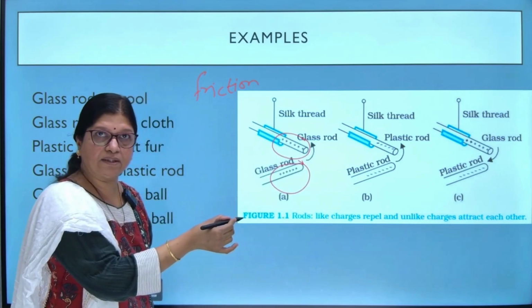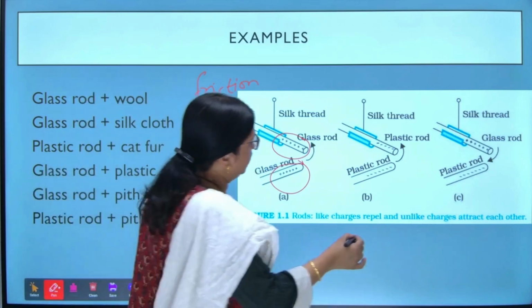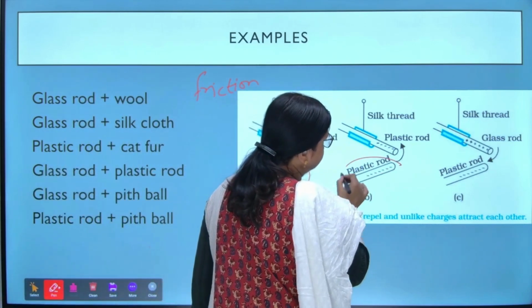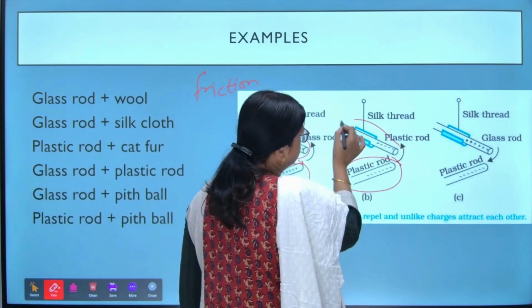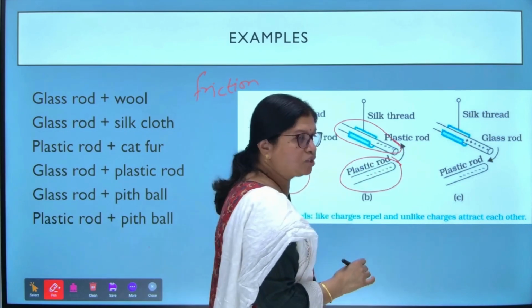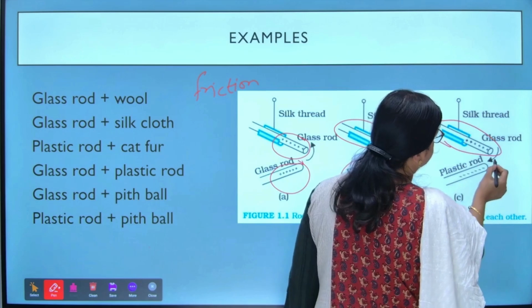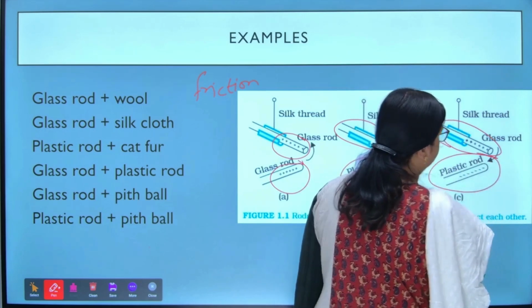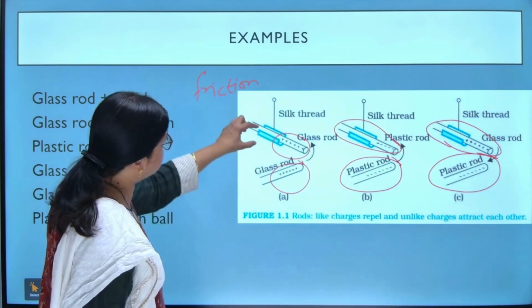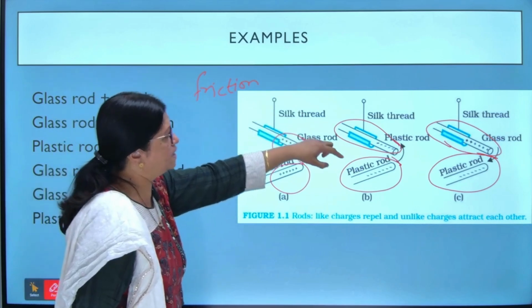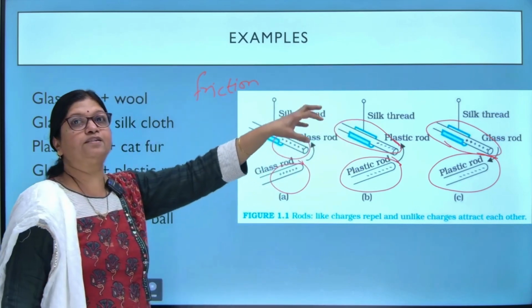They will definitely repel each other. Again, we can see a plastic rod with negative charge, another plastic rod with negative charge, and we can also see a glass rod with positive charge and a plastic rod with a negative charge. Now, these glass rod and plastic rod are insulators.